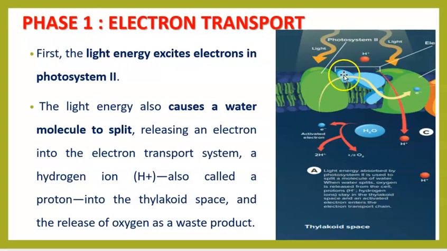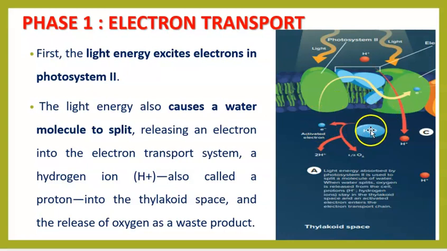Okay. So here, this is the sunlight, and this is your photosystem 2, the green things. So what happens first? The light is absorbed by your photosystem because they contain chlorophyll. When light is absorbed, they excite the electrons. When the electrons are excited or activated, look what is happening.